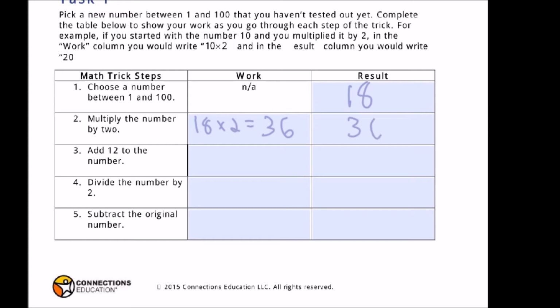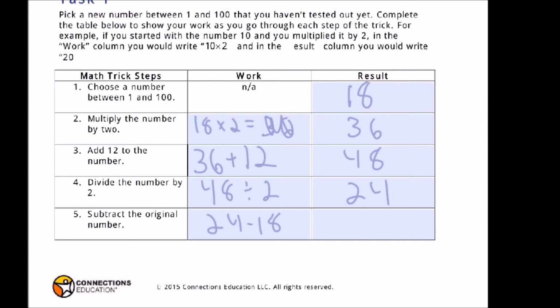Alright, so next I'm going to add 12. So I'm going to show 36 plus 12, and that is going to be 48. Next I'm going to divide by 2, so 48 divided by 2, which is 24, and subtract the original number, so 24 minus 18, which is 6. So I magically got back to my original number.